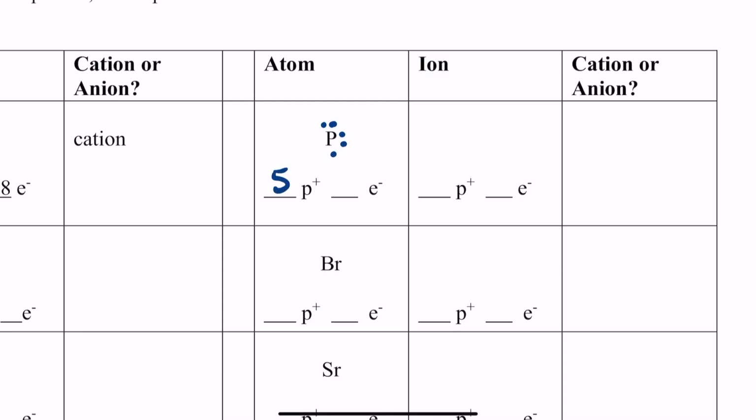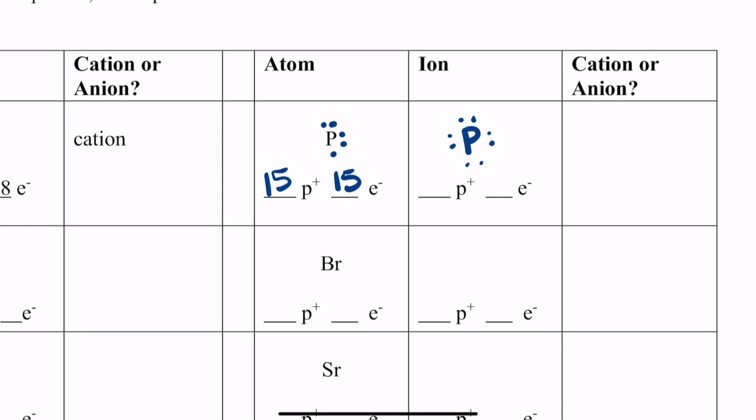We'll say it has 15 protons and 15 electrons. Whenever it ionizes, nonmetals tend to gain electrons until they have a full octet, or 8 electrons. So if you have 5 electrons here, you're going to gain 3 more electrons to have 8 dots around it in your picture.